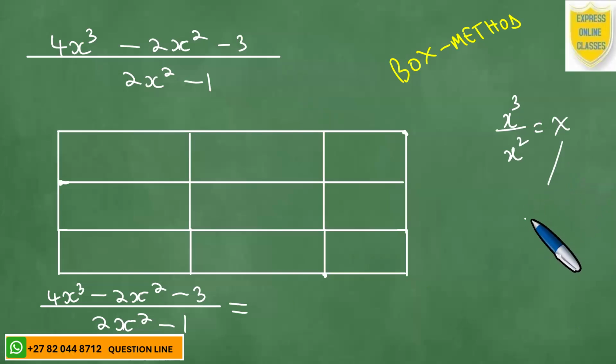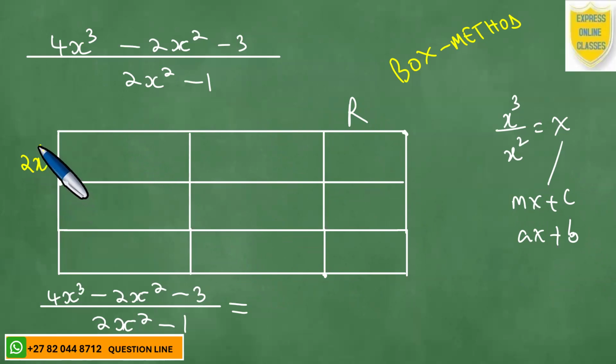So the answer is going to be of the form ax plus b, in which case we're going to have the quotient ax and b. And in this particular block here, we shall put our remainder, so that at this point we're going to have exactly 2x squared over there. And then we're going to have exactly our 0x. Note that there is no x term, so there is 0x. And then we have the minus 1.